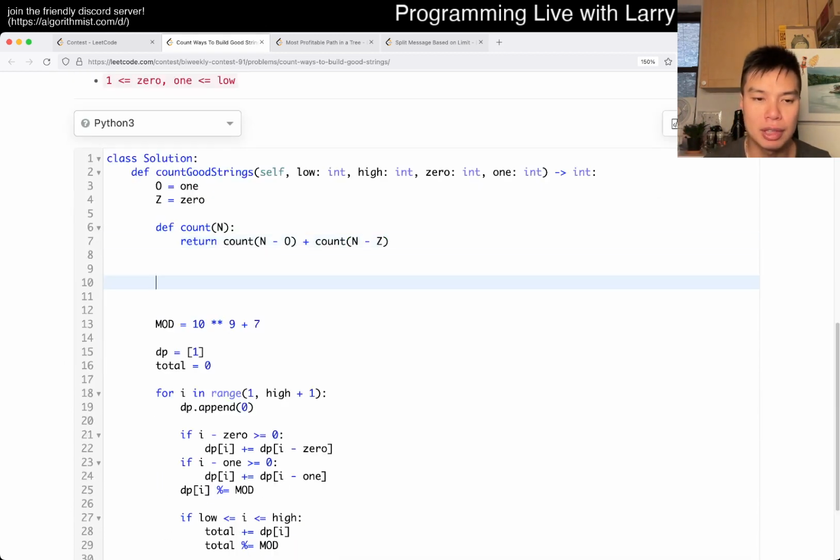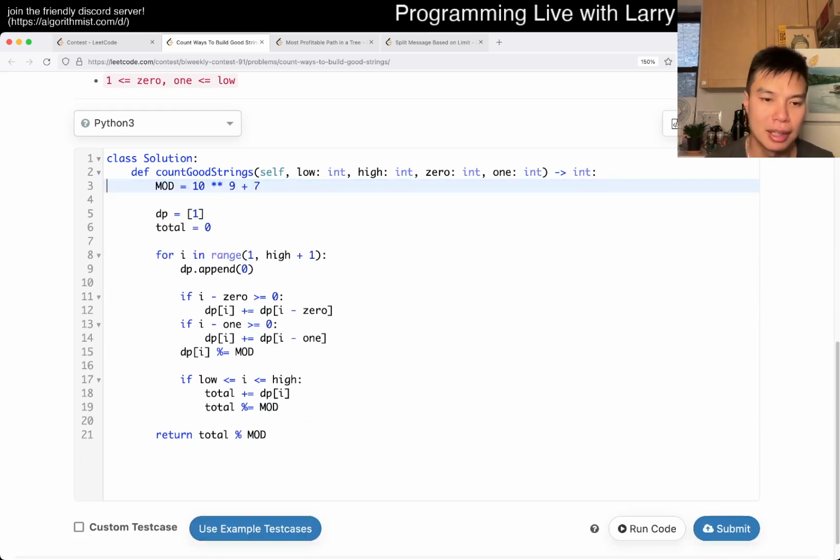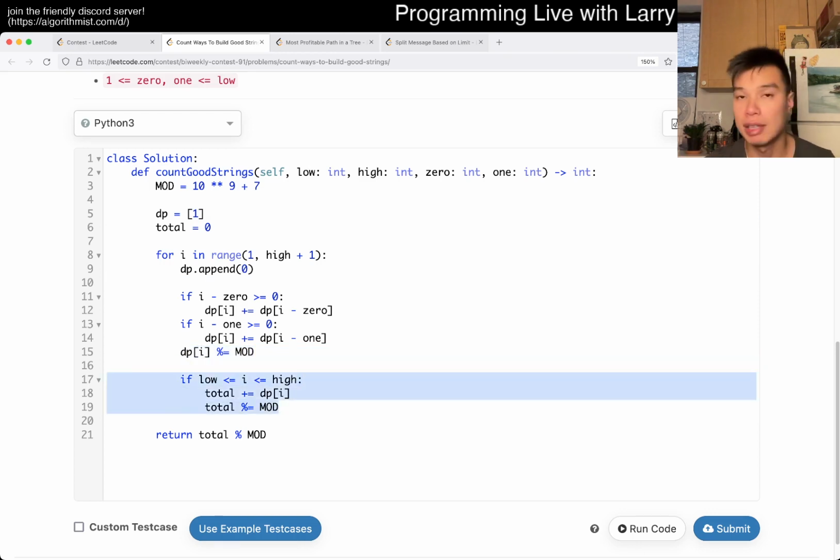Starting from that, I did a bottom up, keeping in mind the mod. dp of i is equal to dp of i minus O plus dp of i minus Z. We have some if statements, and for 0 length we start with 1. We mod it, and if the length is between low and high, we sum it. And that's pretty much it.